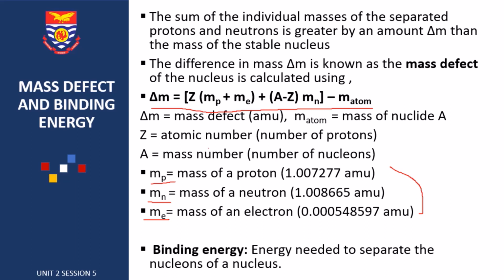Thus, we can see that they have potential energy when they are separated. It is this energy that is known as the binding energy. You may be confused with this, thinking that binding energy is the energy needed to put the nucleons together, but rather binding energy is the energy needed to separate the nucleons.